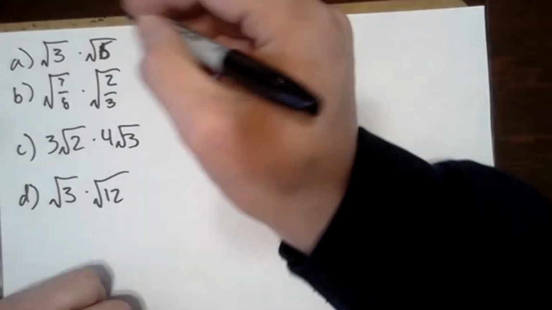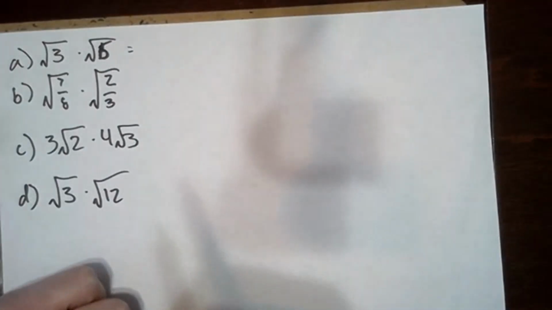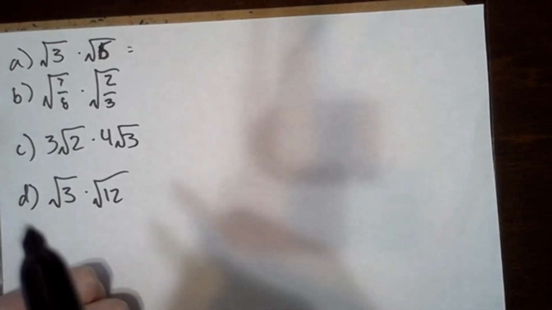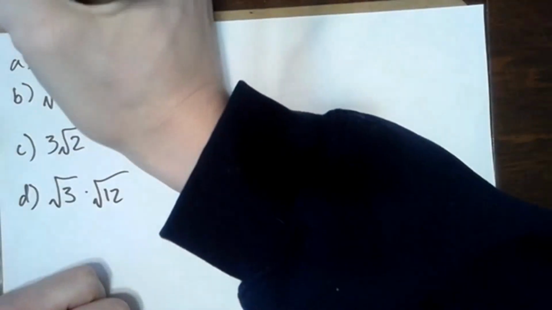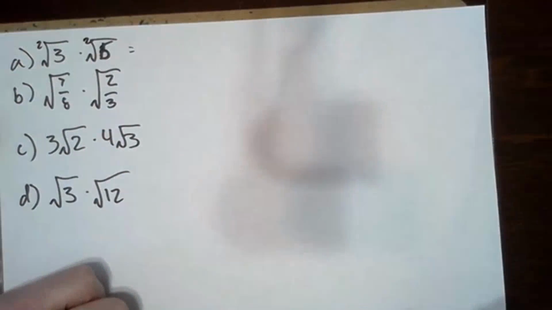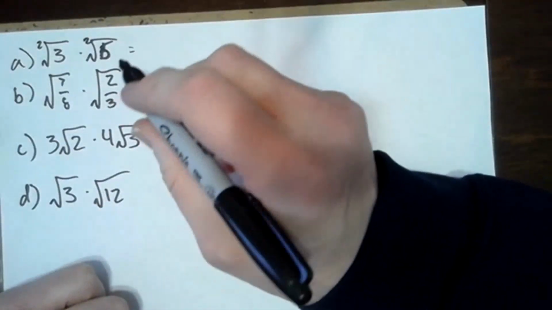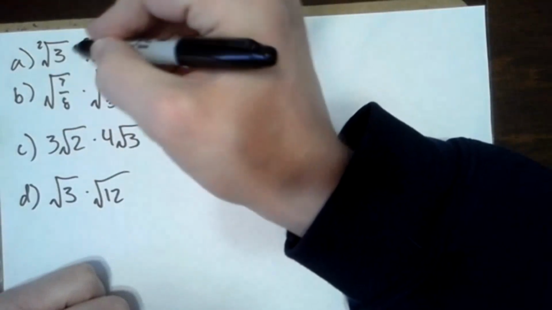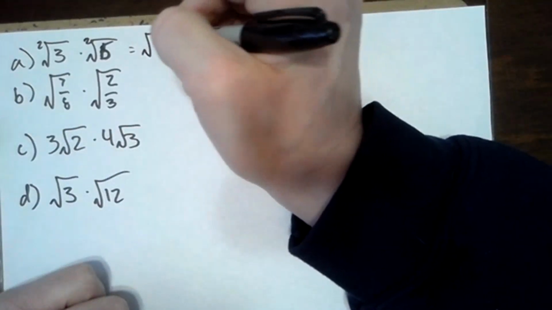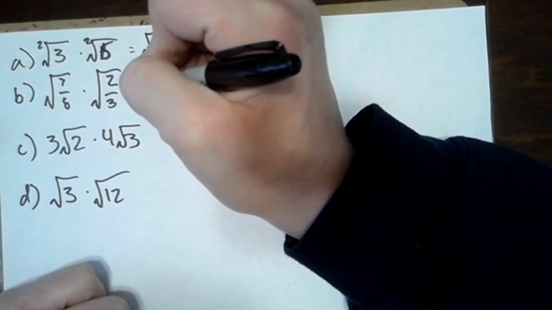So here we've got the square root of 3 times the square root of 5. This is the same as if we wrote a 2 out here. They both have that 2. All of these are square roots, and we don't have to worry about this. So we just multiply what's underneath there to get the square root of 15.